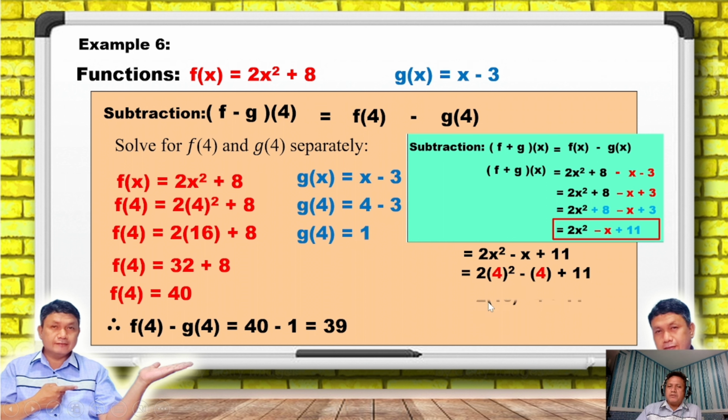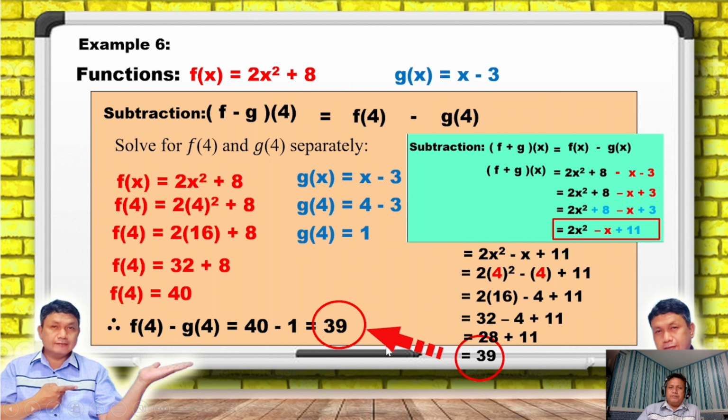So, what is 4 times 4 is 16. So, 2 times 16 minus 4 plus 11, and we have 32 minus 4 plus 11, and we have 28 plus 11. The answer is also 39, and that is the same with our previous example. Okay, nakuha po ba ang example number 6? So proceed tayo sa example number 7.